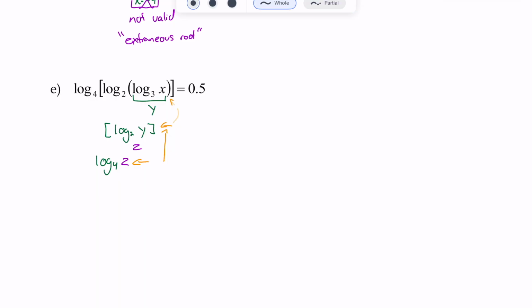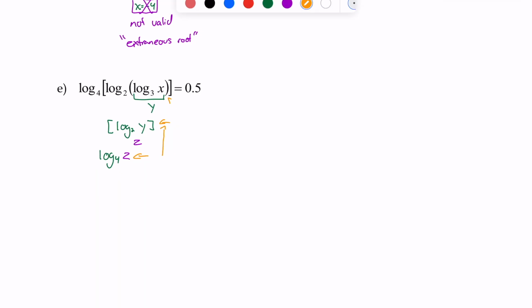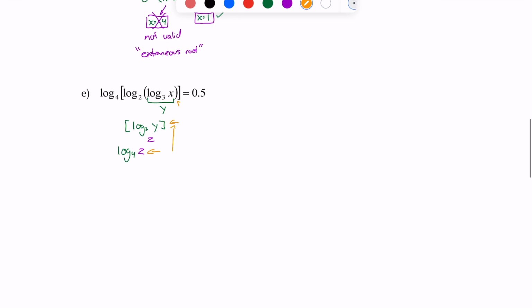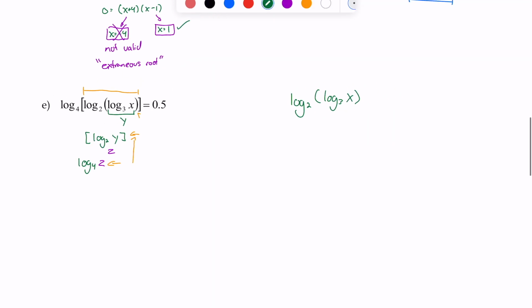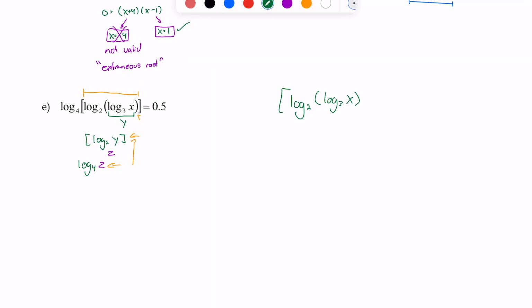So when we are figuring out what is our restriction, we need to go back and look at the entirety of this bracket here, because that is all contributing to this final operation that occurs. So I am looking at when the inside of the square bracket is going to be bigger than 0.